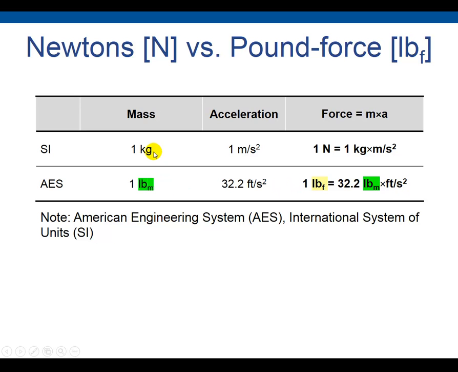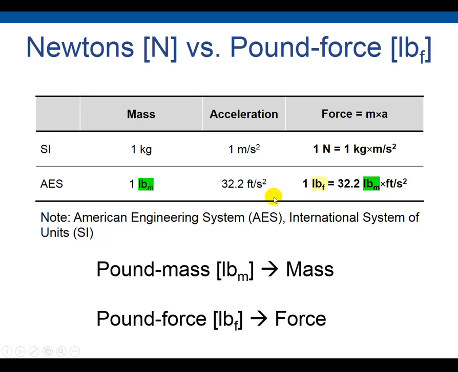Okay. So a kilogram, 1 meter per second square, and here it is 32.2 feet per second square. But one thing you have to remember is that the pound mass is mass. Okay, you can see the difference here.